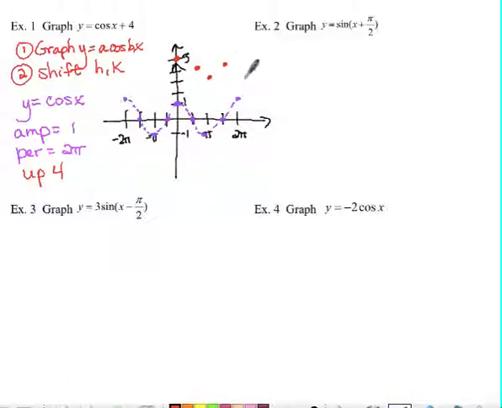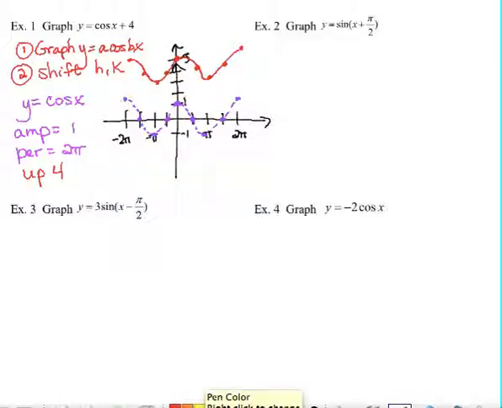Once you see the pattern, you can just follow the pattern. And what's really neat, when you look at the dashed graph, you can see it has been shifted up 4 units. Okay, very nice.